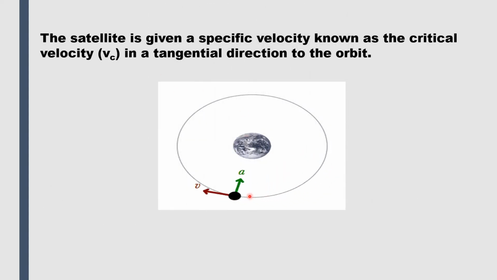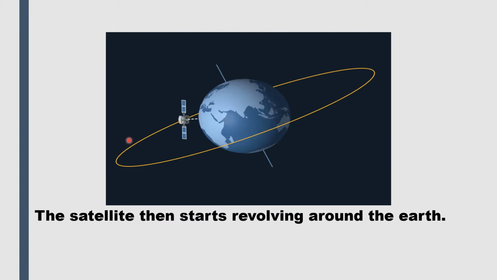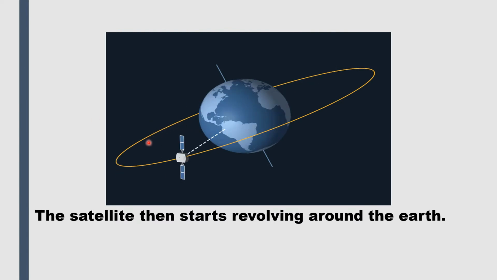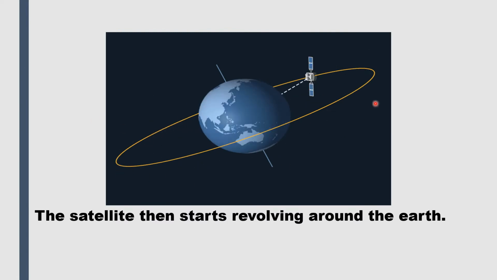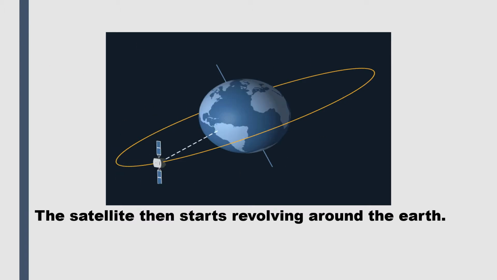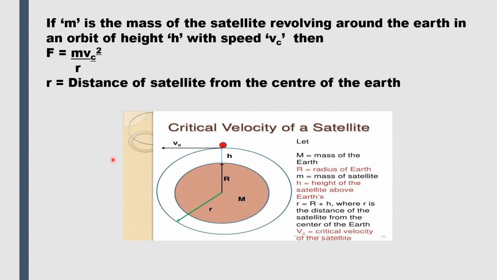The satellite is given a specific velocity which is called the critical velocity Vc, and this critical velocity is tangential to the direction of the orbit. So when the satellite reaches a certain height, it starts revolving around the earth.